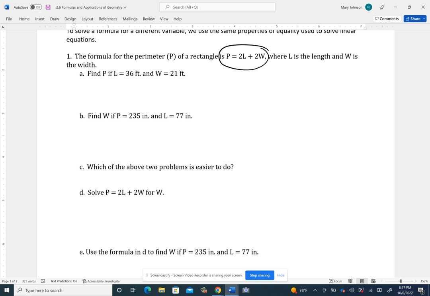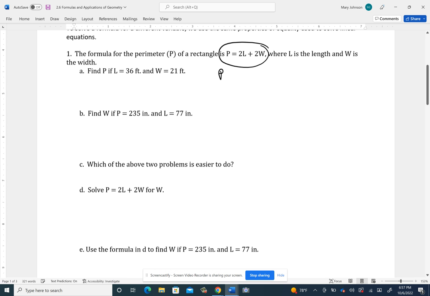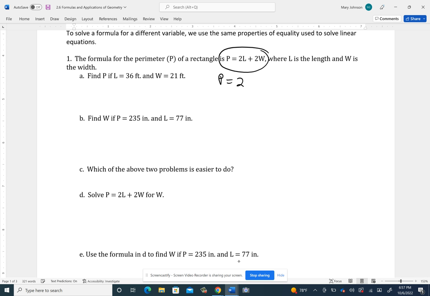On 1A, we're supposed to find P, but they tell us that L is 36 and that W is 21. So we just replace L with 36, replace W with 21, and do the work that you see there.